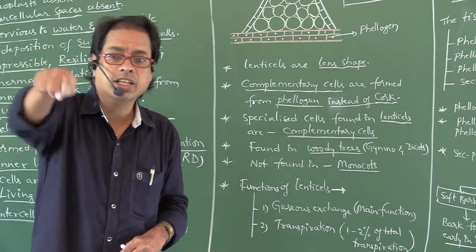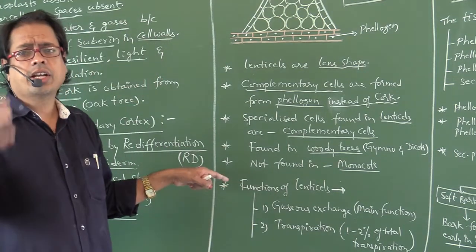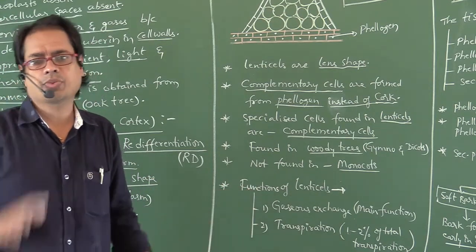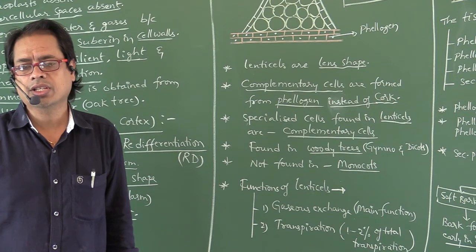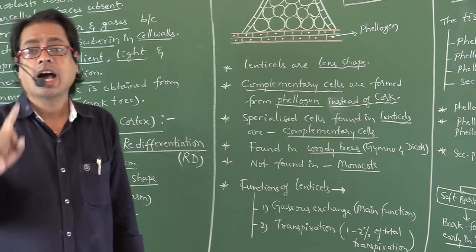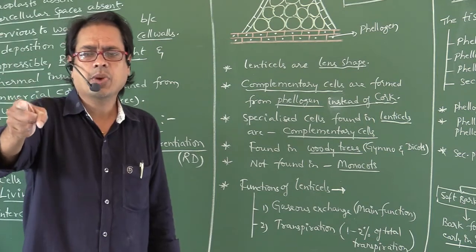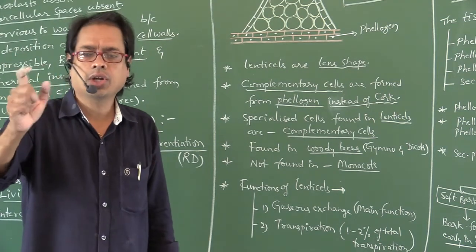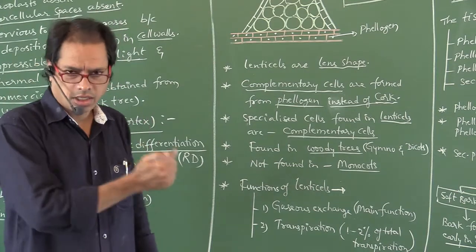The least transpiration occurs by lenticels, that is 1 to 2% of total transpiration. Highest is stomatal transpiration, second highest is cuticular, least is lenticular.